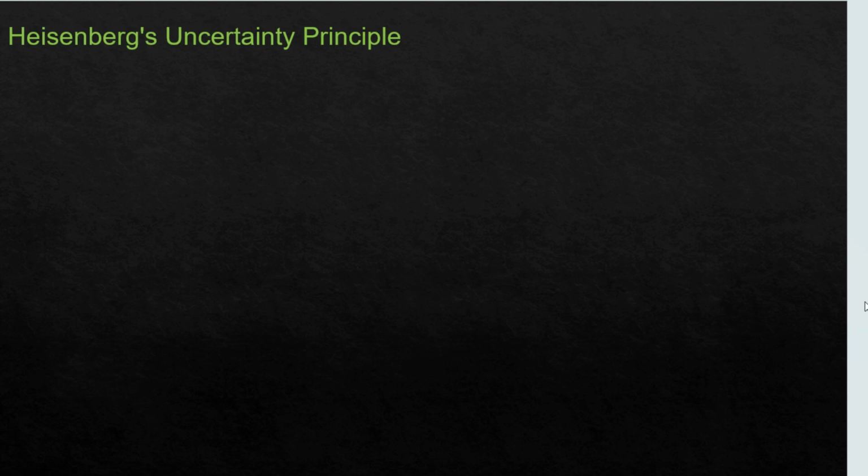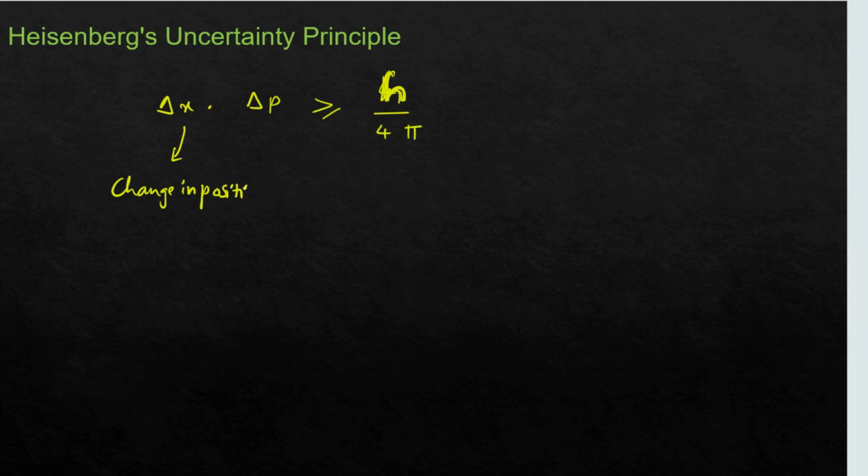Heisenberg calculated this deviation and formulated it as delta x into delta p is always greater than or equal to h by 4 pi. Delta x is the change in position, and delta p is the change in momentum.